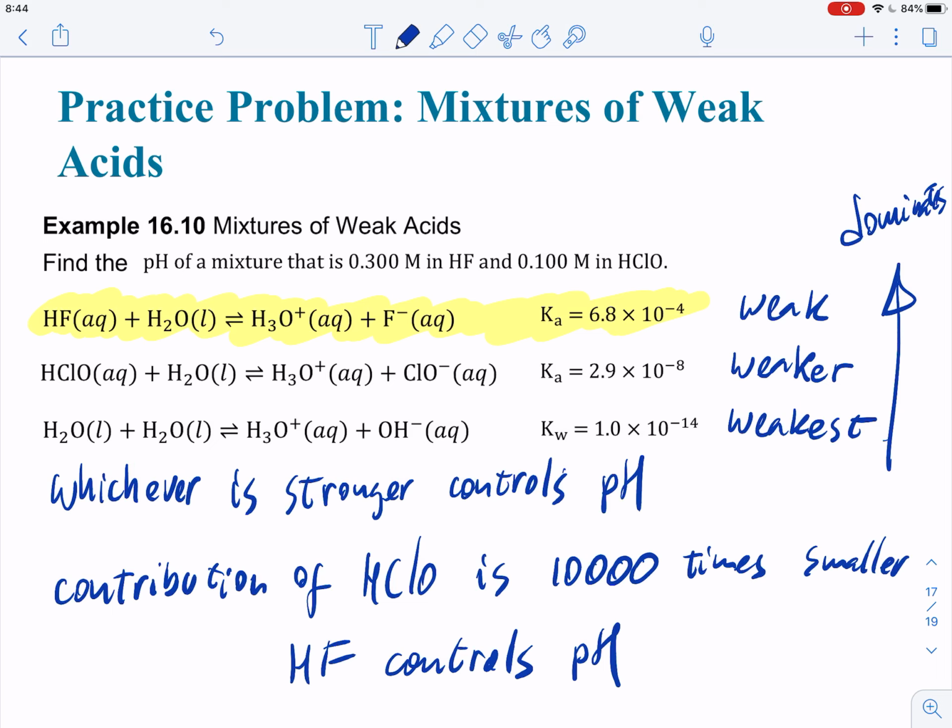So this is how you work acid equilibria. It's pretty much the same setup every single time. There are some other considerations you can make if you have an initial concentration of the acid, in which you have to consider the contribution of the other acid, but for now we are not going to worry about that. So that's it for now.